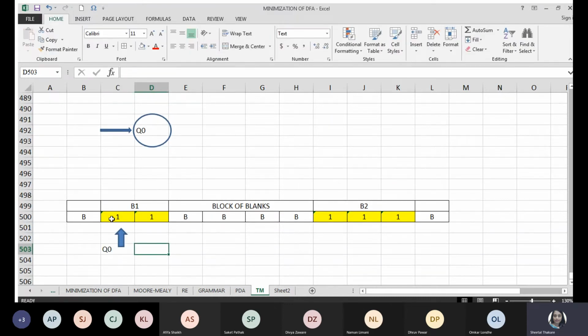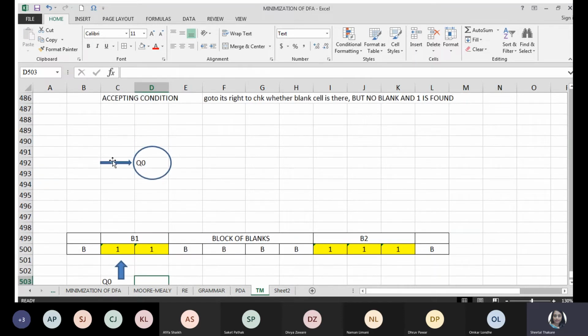So Q0 में you will pick this one. So if this is picked, it becomes blank. You don't need to have this on looping. So we are having this dedicated line for it.